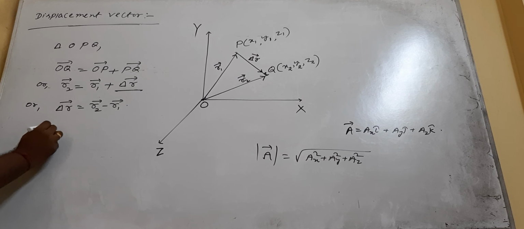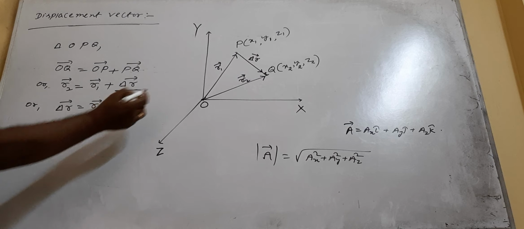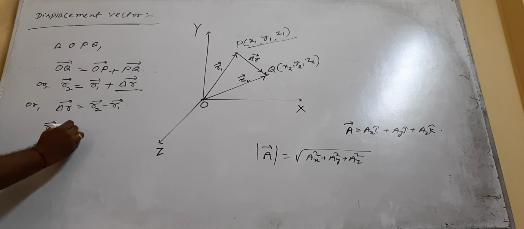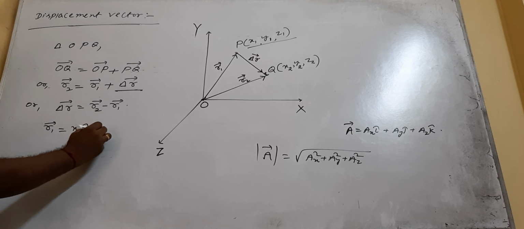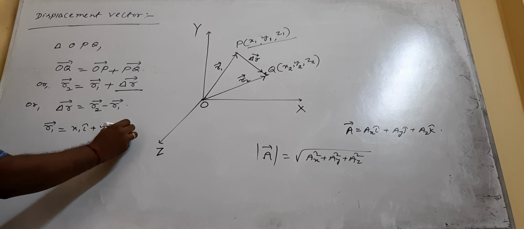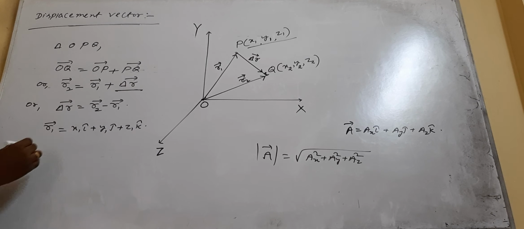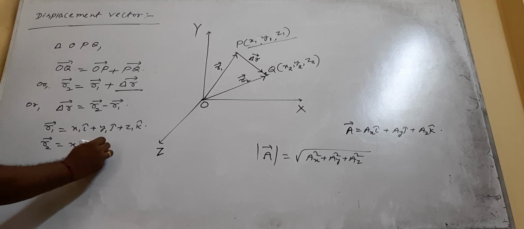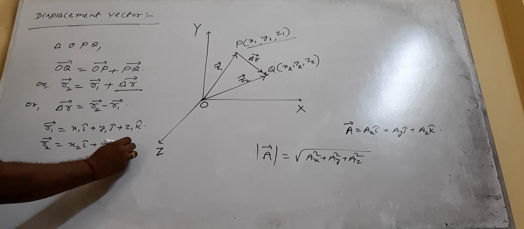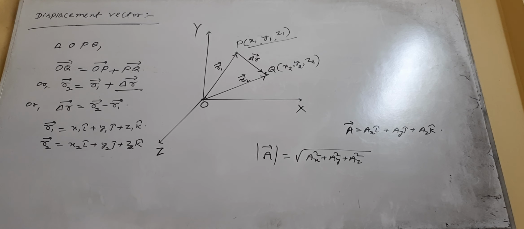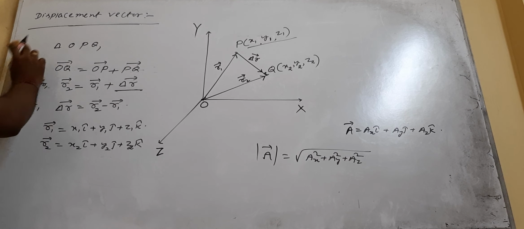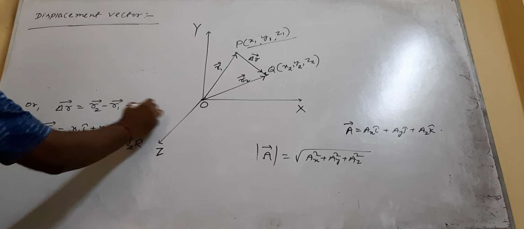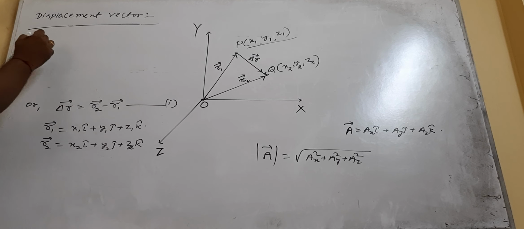So what is R1 vector? Its coordinates are x1, y1, z1, so it is x1 i cap plus y1 j cap plus z1 k cap. And the R2 vector is x2 i cap plus y2 j cap plus z2 k cap. Now you put this in this equation. Let it be equation 1.